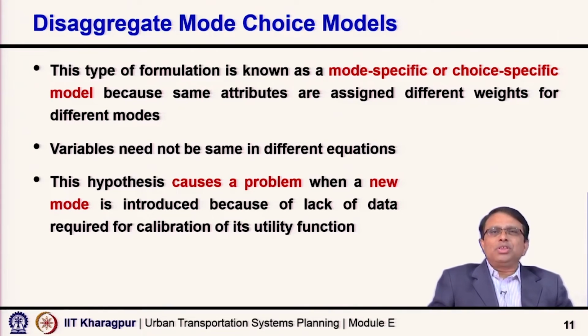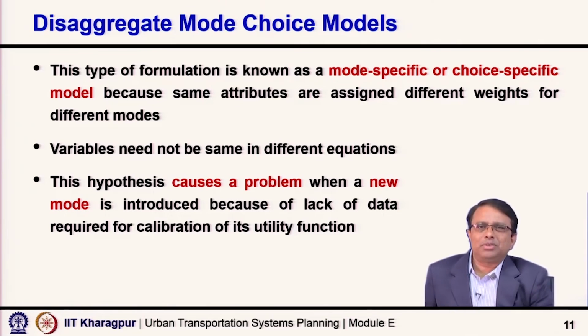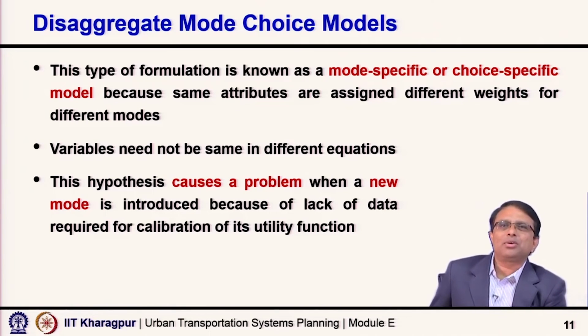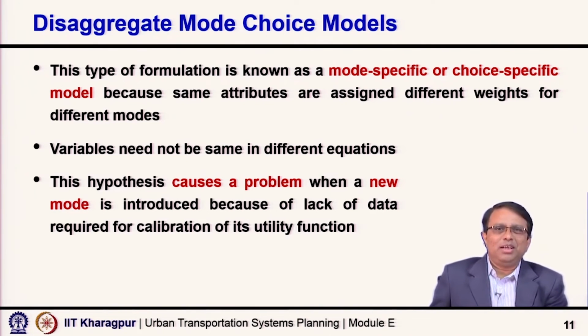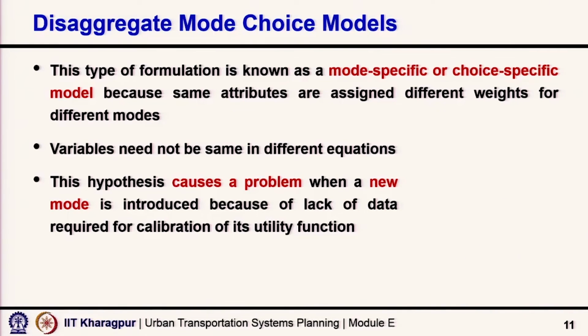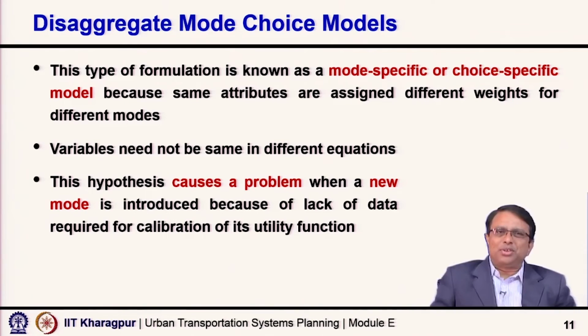So, the coefficient of travel time by taxi and by car are not the same, because car will have x1 and taxi will also have x1, but the coefficient of x1 is not going to be the same in the two cases. Variables also need not be the same in different equations.